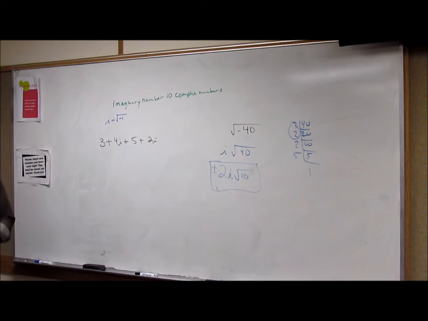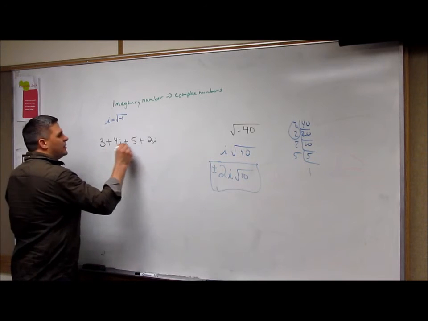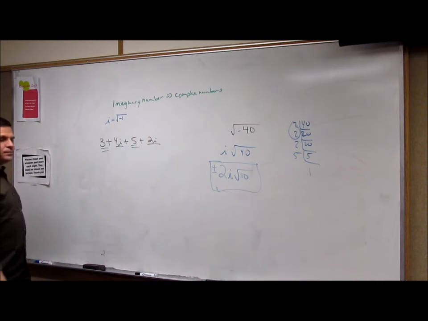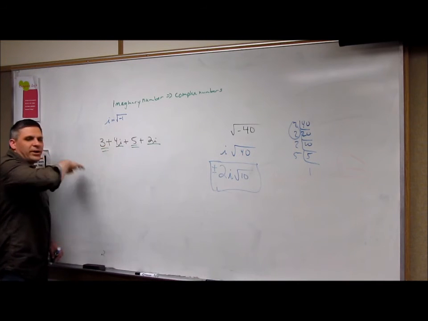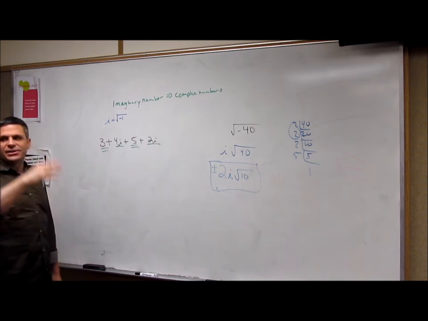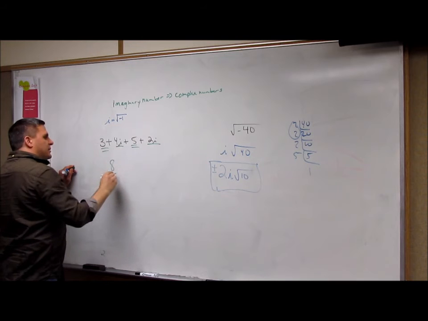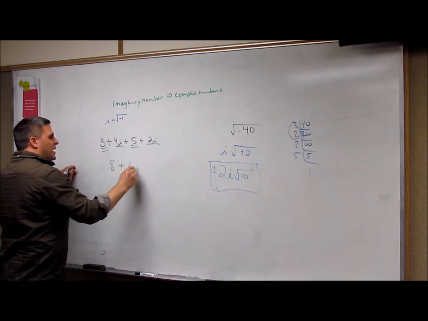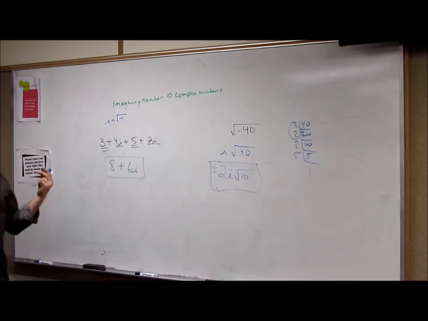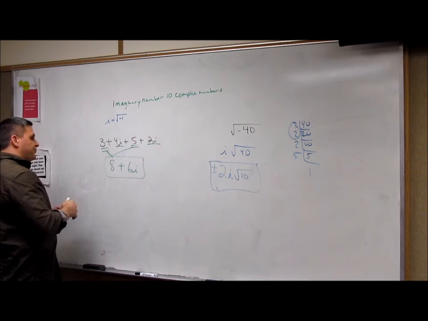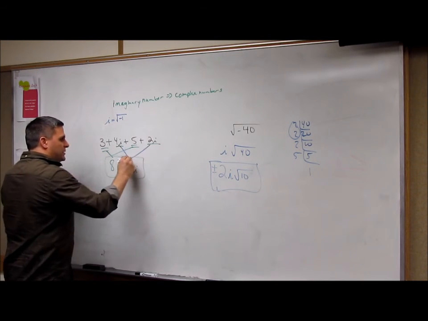What are the like terms? 4i and 2i, and 3 with 5. Let's add our numbers first, our i's second. You'll have 8 plus 6i, and that'll be your imaginary number. All I did is take 3 plus 5 and 4 plus 2.